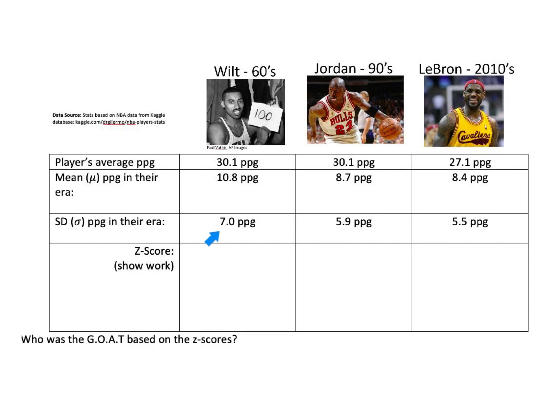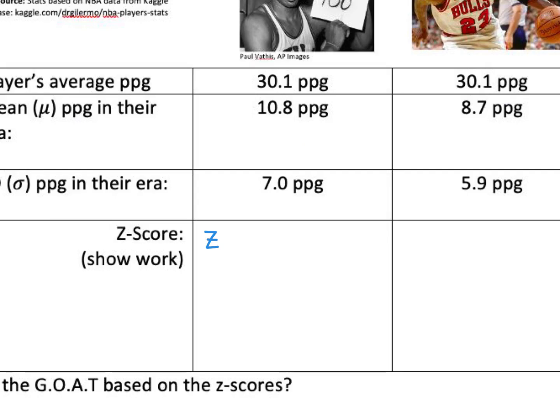So to see how they compared to these other players, we're going to calculate the z-score for each of our players. For Wilt, I'm going to take his value. He scored 30.1, find how far from the mean he is by subtracting 10.8 and dividing this by 7. And when I do this on my calculator, I get a z-score of approximately 2.76.